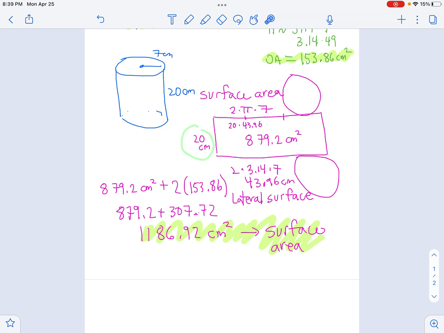One dimension is 20, that's the height of the cylinder. The other dimension was the circumference of the circle, 2 times pi times 7. You multiply these two numbers together, you get this area for the rectangle, 879.2 centimeters squared. And then you add that lateral surface area to the two circles, and you get this surface area.